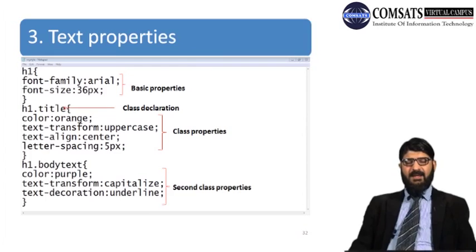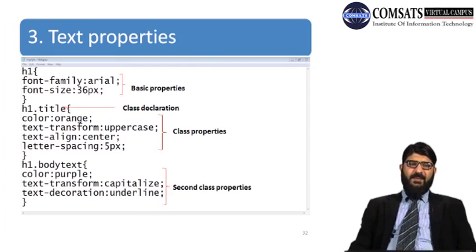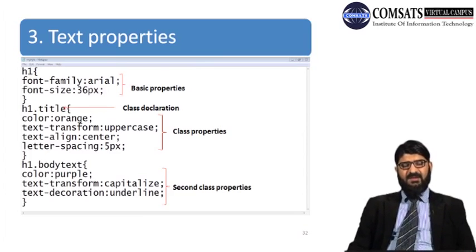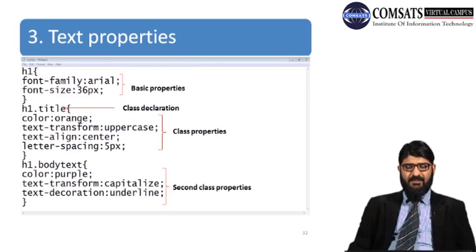Now let's see an example for text properties. The first one is a CSS file. The name of the file is mystyle, and the extension is .css. The h1 heading is given font family Arial, and font size is 36 pixels.